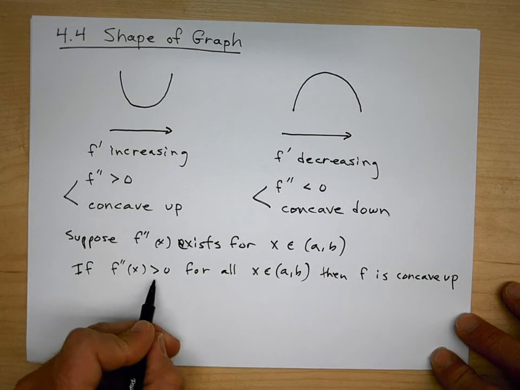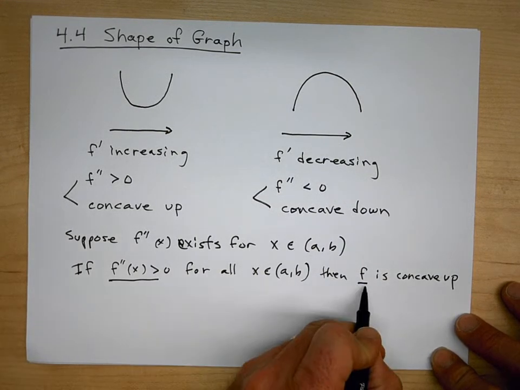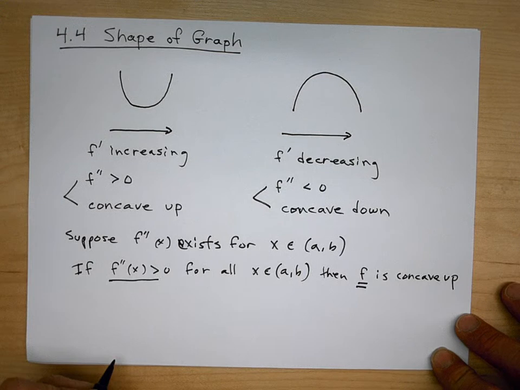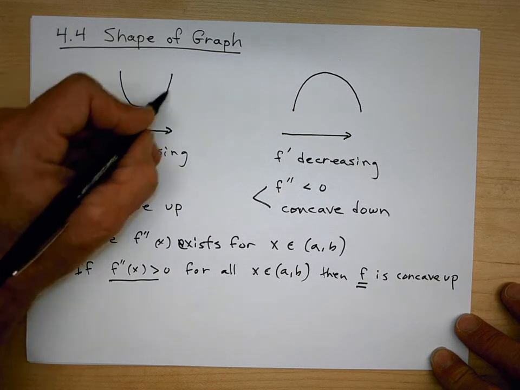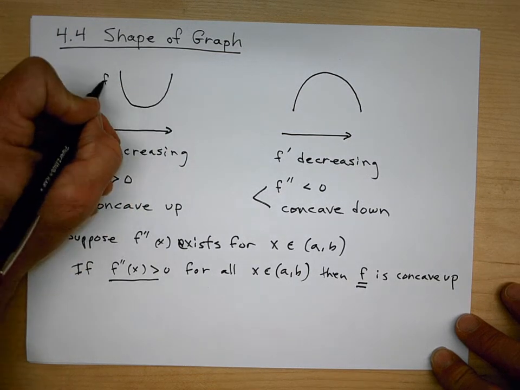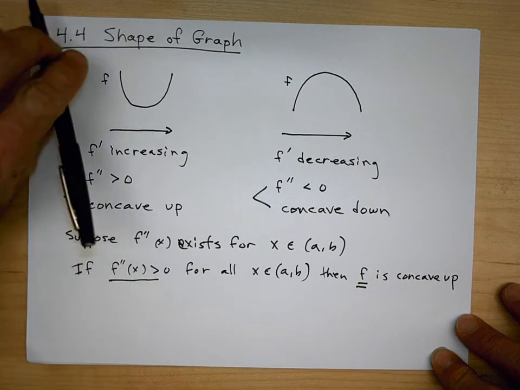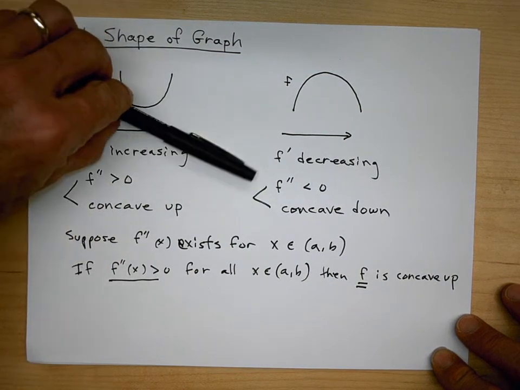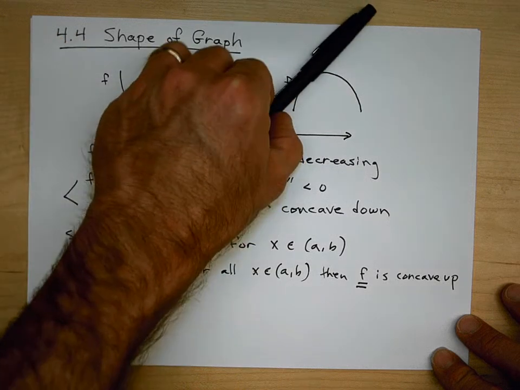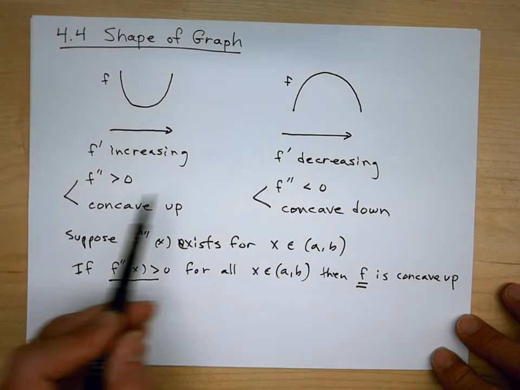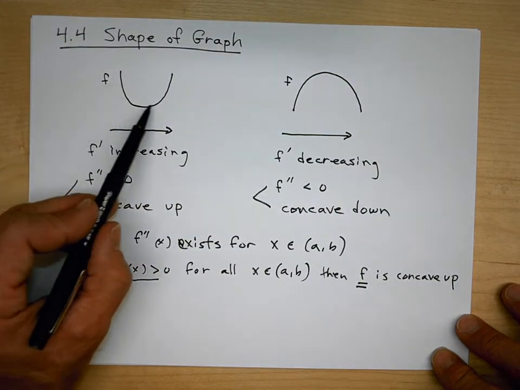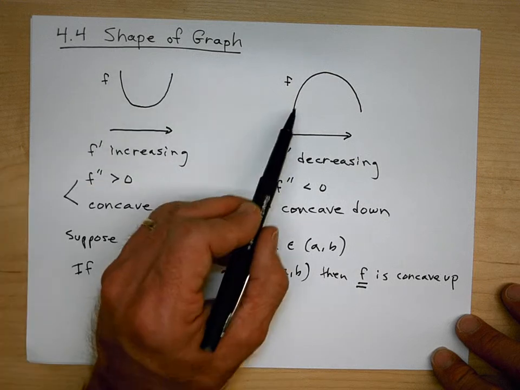Notice that we're using the second derivative to say something about the function. When I'm graphing this here, this shape is the shape of f. The f prime values are the slopes of our tangent line. In this case, they're increasing. In this case, they're decreasing. And then f double prime just tells us that the shape of f is concave up here and concave down here.